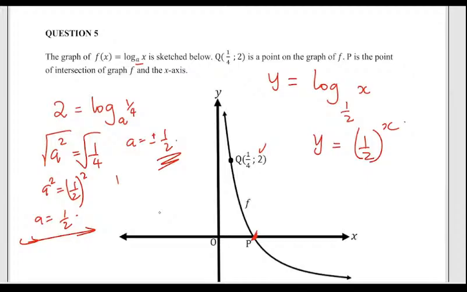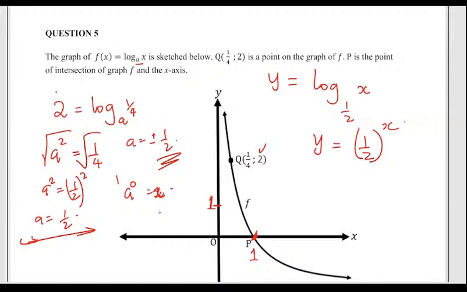A half to the 0 must give us the x value. Anything to the exponent of 0 is just 1. So this is 1 and 0. Let's just switch these points: the other one is going to be 0 and 1, somewhere there.